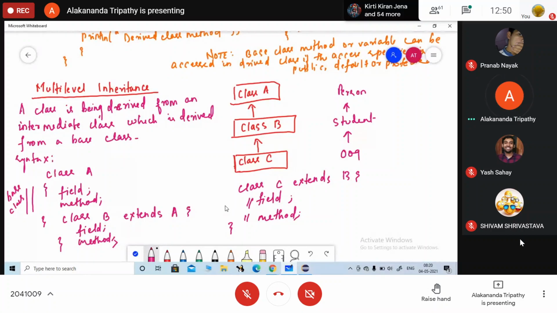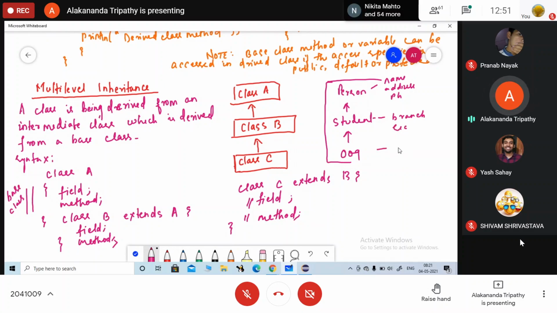Okay. This is one example. If a person class is there, the person class will have properties name, address, phone number. In the student class, branch, section. Okay.